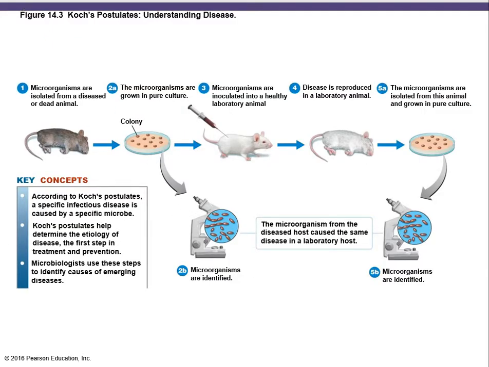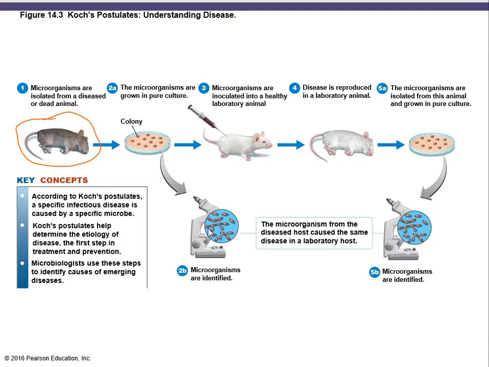So let's translate this. When we look at this figure, this is a sick animal, right? This animal got sick, there is some type of infectious disease. So when you collect a sample from this animal and plate it, you should be able to grow the microbes that were potentially causing disease in this animal, but you're still not sure which microbes those are.